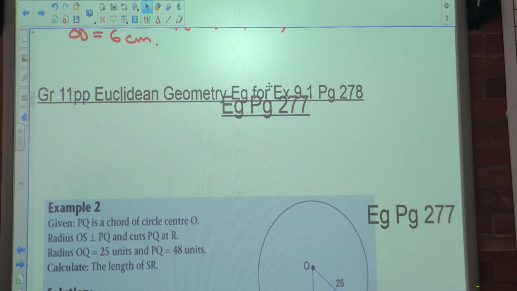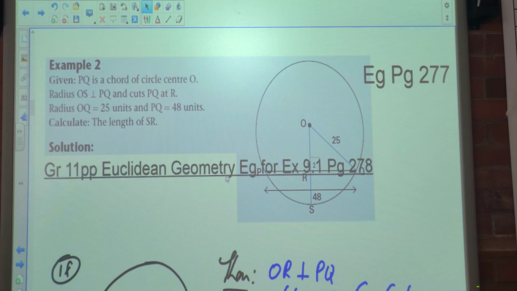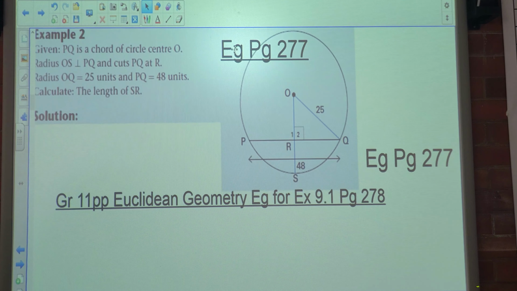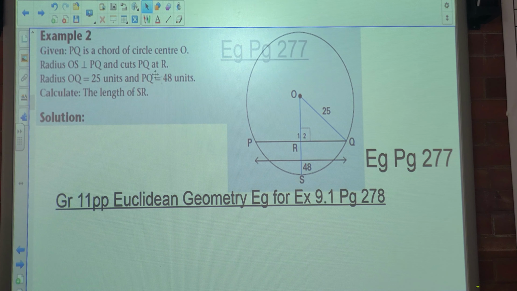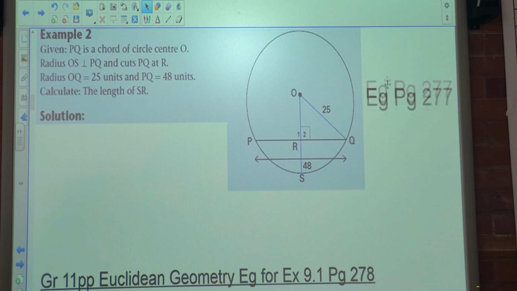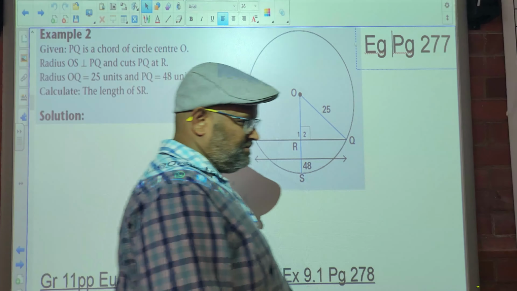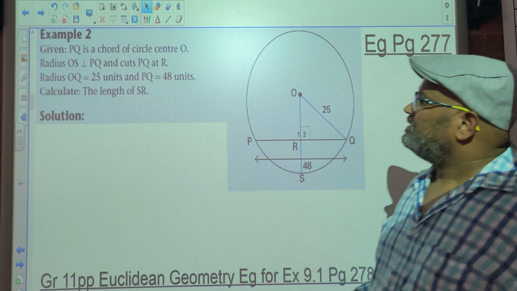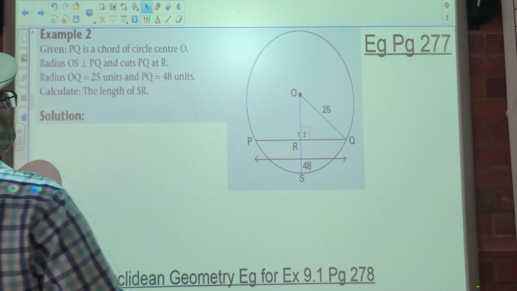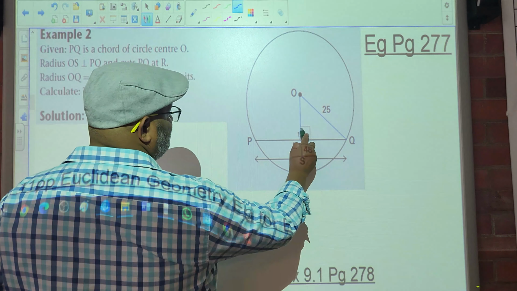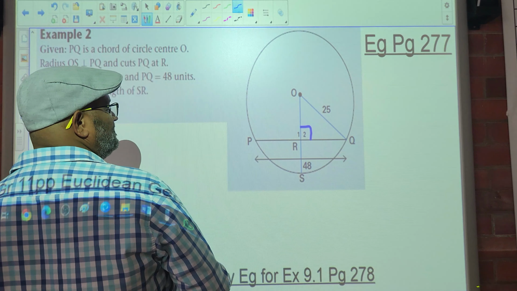Now we're going to look at example 2, which is on page 277 as well. So in example 2, we are told PQ is a chord of circle center O, radius OS. See, now we are given this is 90. So what do we know now?